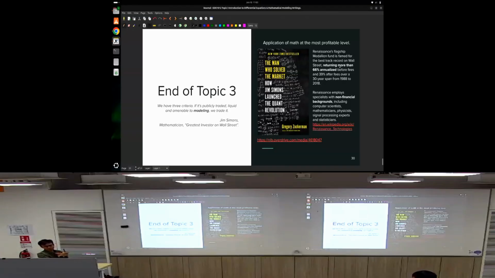That's how scary it is. Over 30 years, 1988 to 2018, for every year for those 30 years, he on average returns 66% annualized. So you can see the exponential growth in his wealth. And this is not trivial.